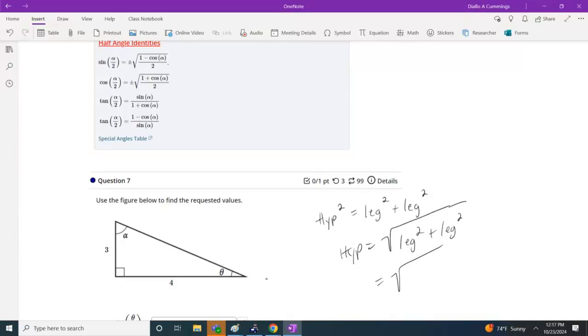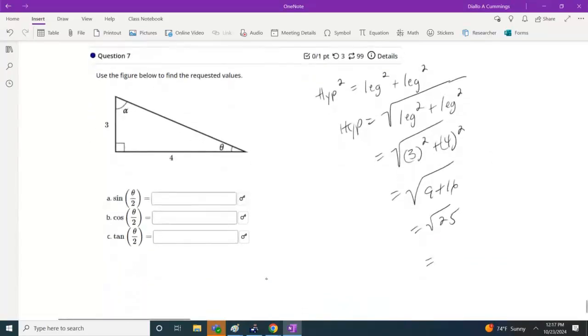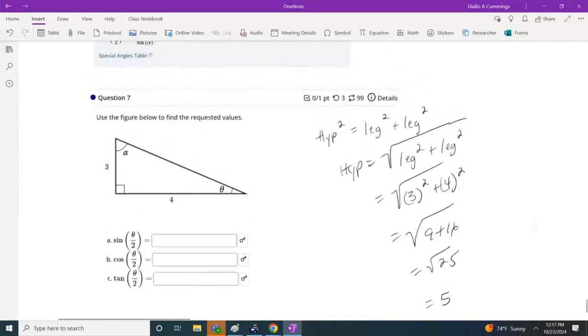So the hypotenuse is equal to the square root of 3 squared plus 4 squared, which is 9 plus 16, which is 25, which is 5. So that's going to be the hypotenuse.